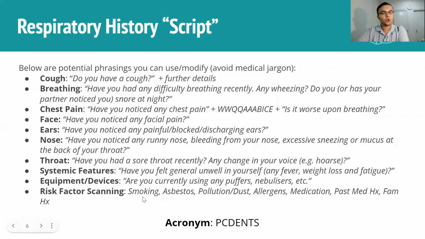But you can also do what's called risk factor scanning. So during the other parts of your history, think about other factors that might play into a person being more likely to have a lung pathology or respiratory pathology. So for example, smoking, a very, very big one. Asbestos exposure, also a big one. Same with pollution and dust exposure. Allergens that they might have been exposed to, medications.